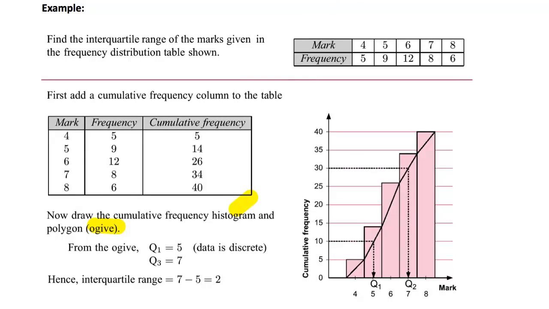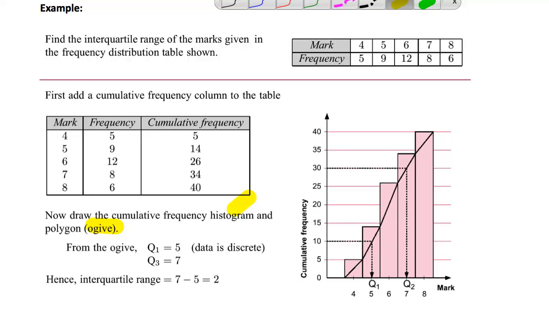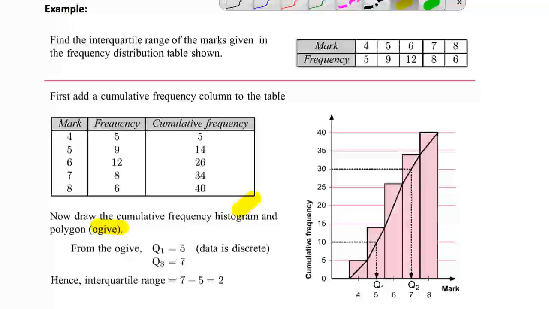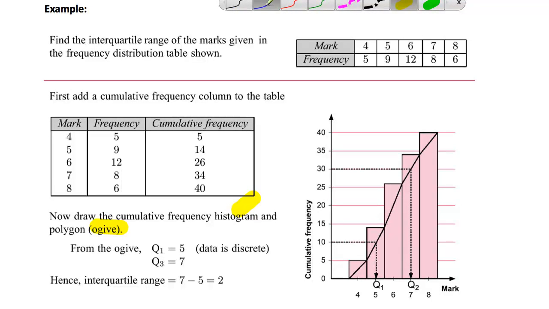And from here you just find, just put that into position again, you find that there are 40 scores, so 10 would be 1/4 of the way up, 20 halfway up, 30 is the upper quartile, so there are your 3 quartiles, and go straight to the line and down to your numbers.